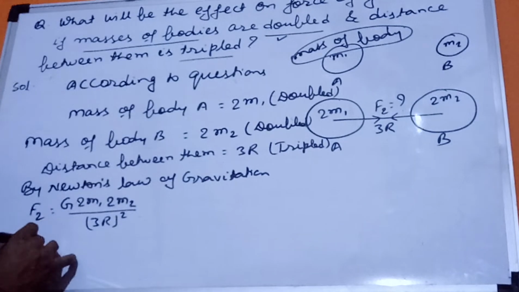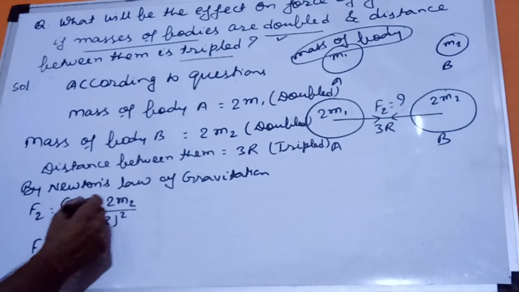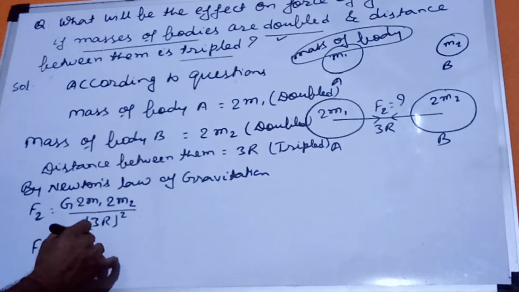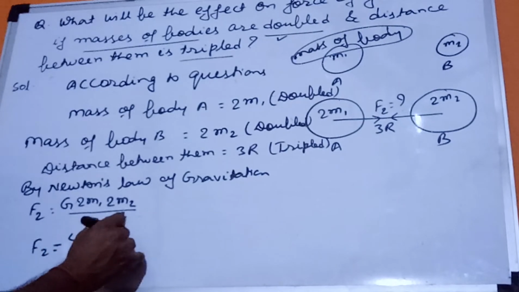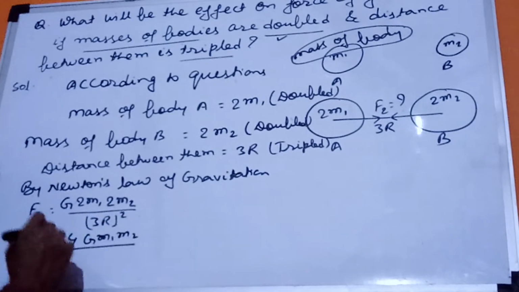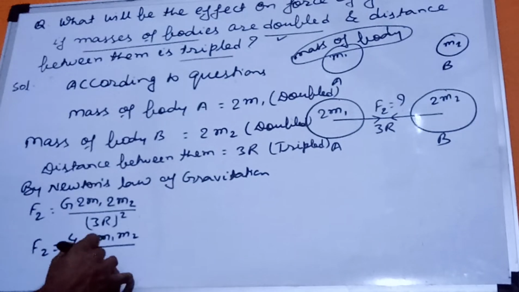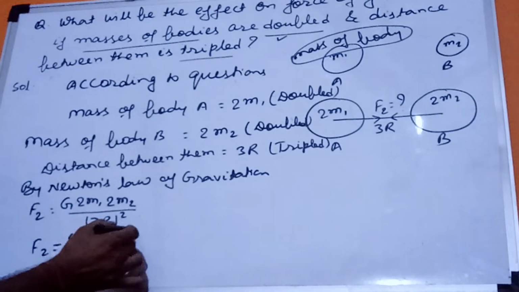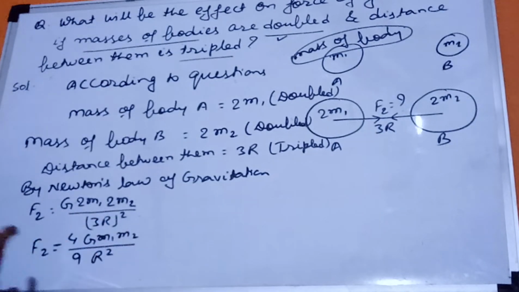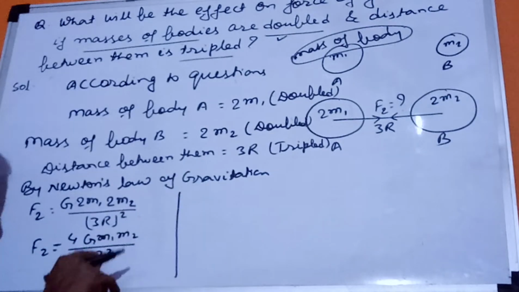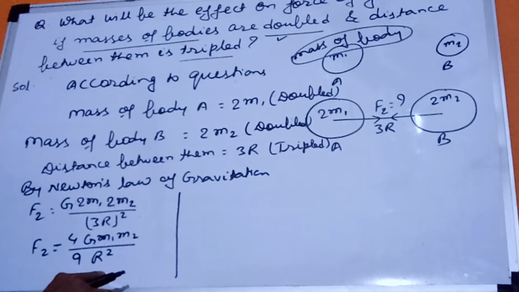So now F2 will be equal to 2 into 2, that is 4, G m1 m2 by 3 squared, which is 9 r square. G m1 m2 by r square is equal to F1, in equation 1 we have derived it.